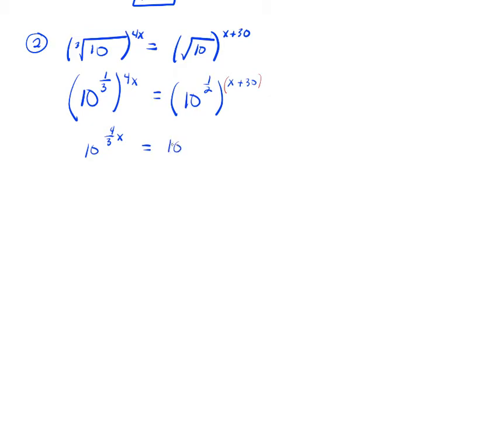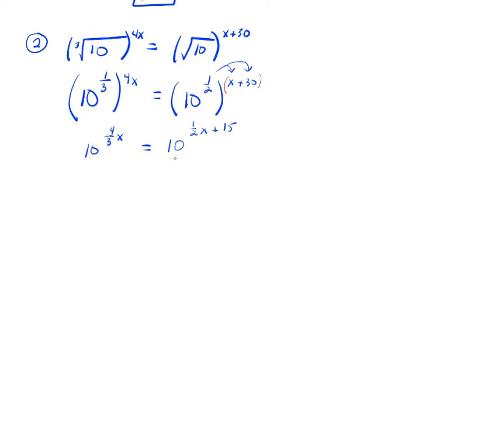And when I do my power of 10 here, I want to redo my 0, it looks like a 6. So I wanted to distribute that multiplied by 1/2. So that would be 1/2 x plus half of 30 is 15. That's kind of nice. It's a smaller number, which is nicer to work with.